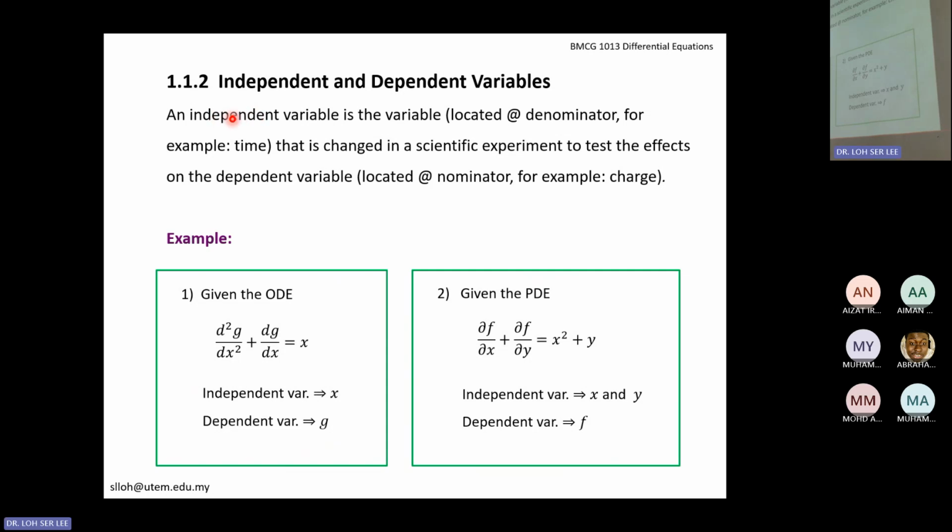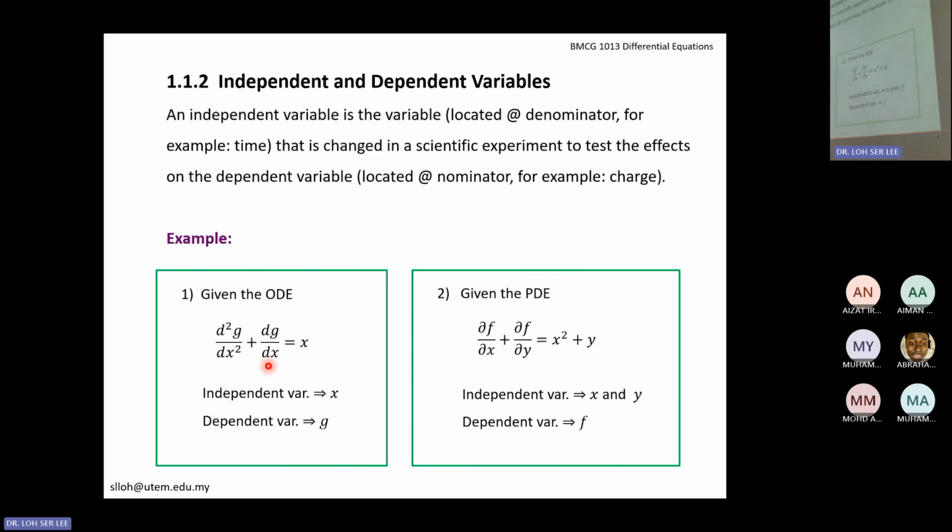For example, time, t, is changed in the scientific experiment to test the effect on the dependent variable. The dependent variable is located at the top. So G is the dependent variable, x is the independent variable. Normally we change x and look at the effect on G.